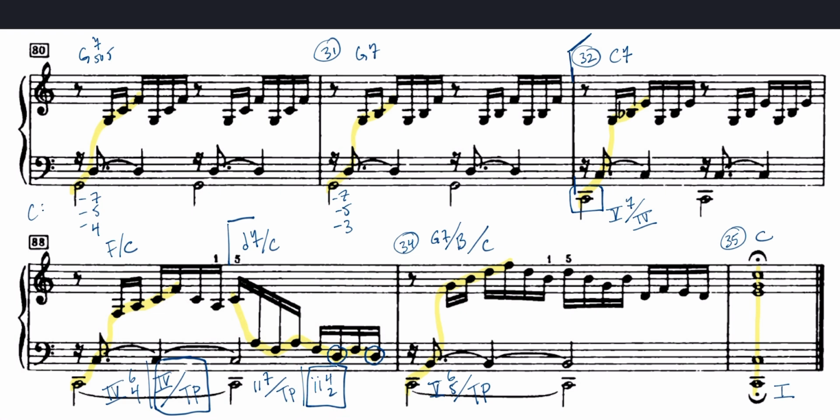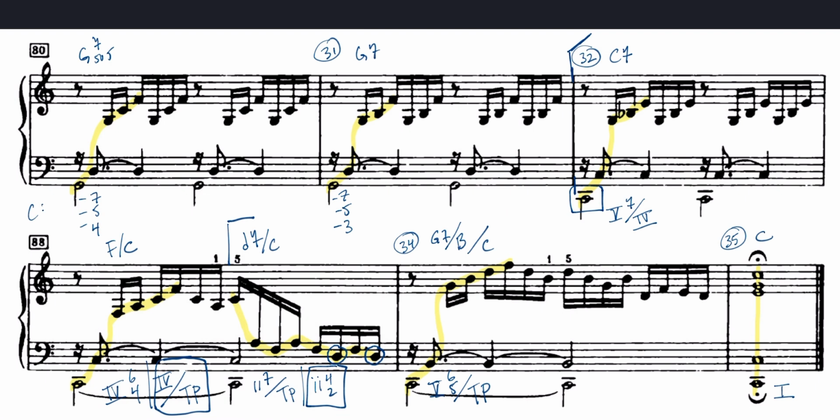So let's examine, in line with what I was talking about, that this final phrase from really measure 33 to the end is a recapitulation of the opening 4 measures. Recall once again that the opening 4 measures are a 1 chord, a 2-4-2, a 5-6-5, that is G7 over B, and finally C. Isn't that the same thing that we have here?